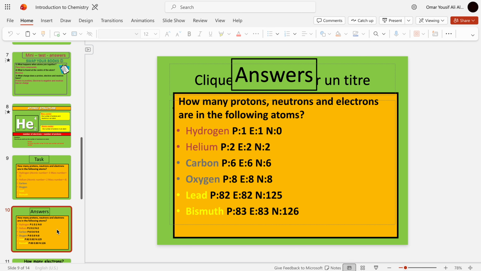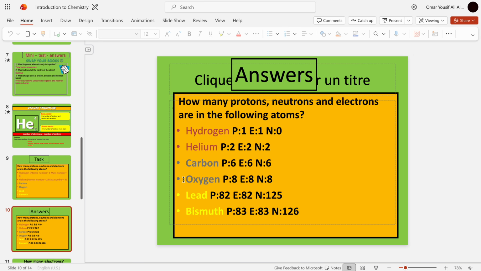Okay, I'll show you. So carbon, the atomic number of carbon is 6, since it has 6 protons in it. However, the mass number of carbon is 12, since it has 6 protons and 6 neutrons.